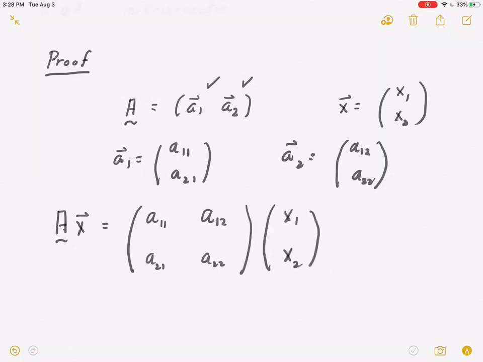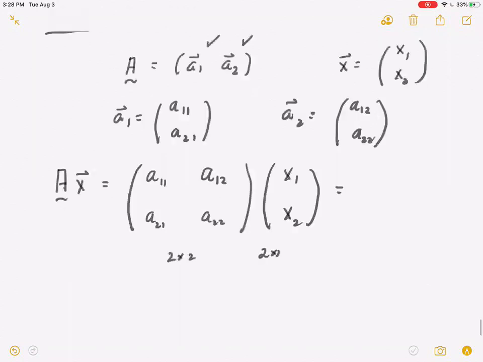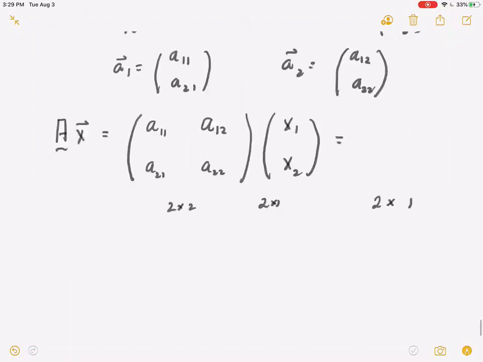If I multiply a 2 by 2 matrix by a 2 by 1 matrix, then I'm going to get a 2 by 1 matrix, which will simply be A sub 1,1 X 1 plus A sub 1,2 times X 2.